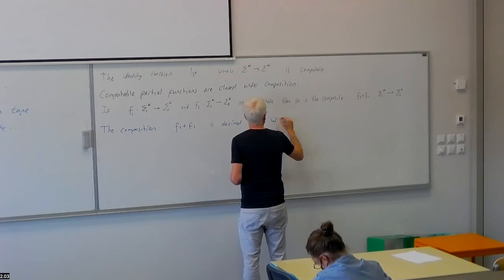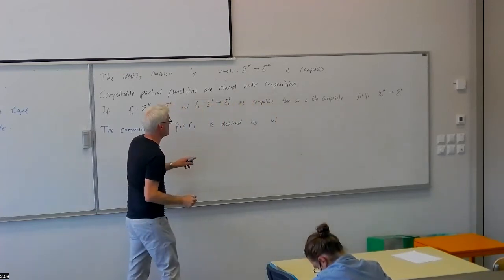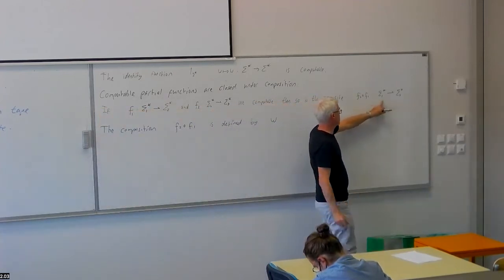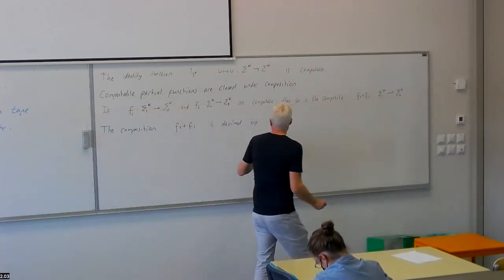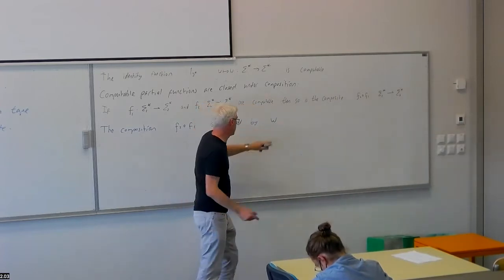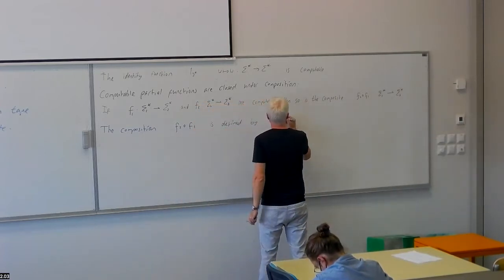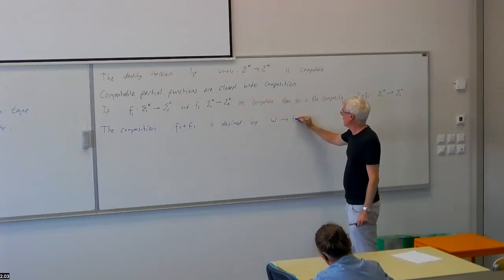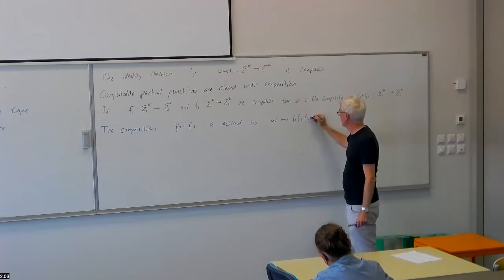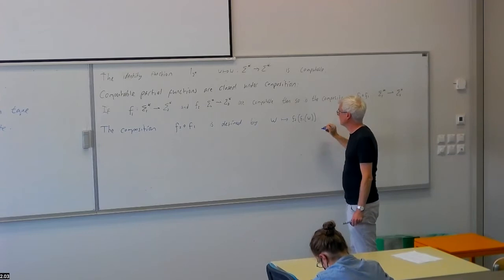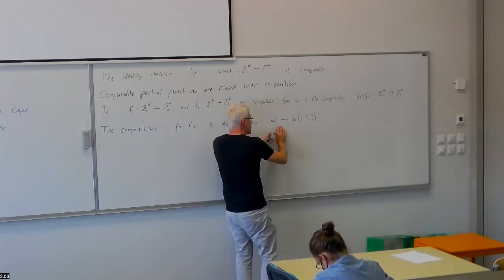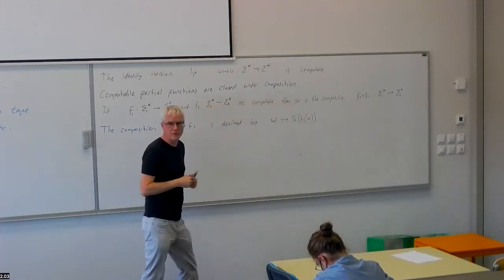We take any w, which is a word over sigma 1, since the composition goes from words over sigma 1 to words over sigma 3, and we map this to what we get by applying f2 to the result of applying f1 to w. So that doesn't look strange at all, that just looks like the usual formula.